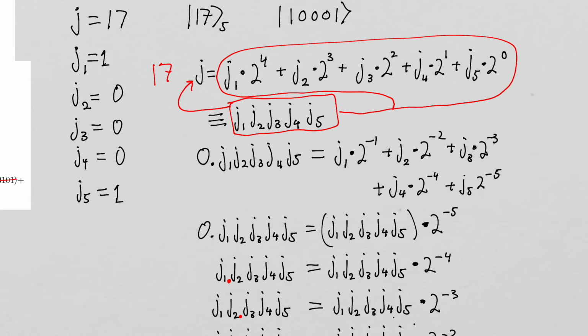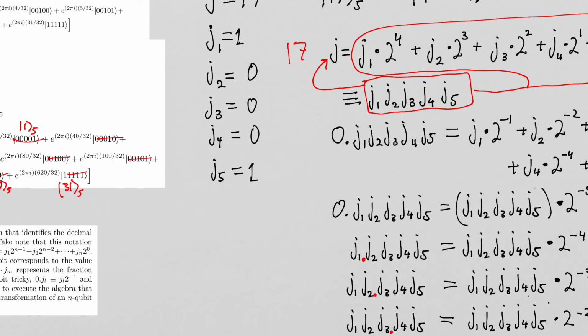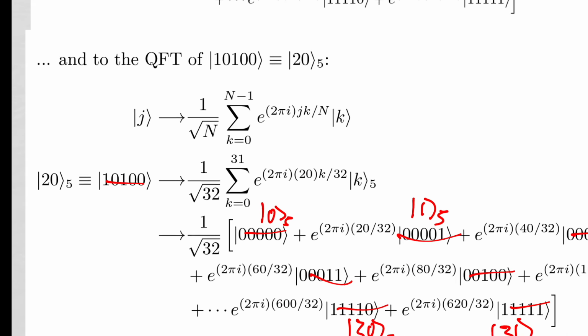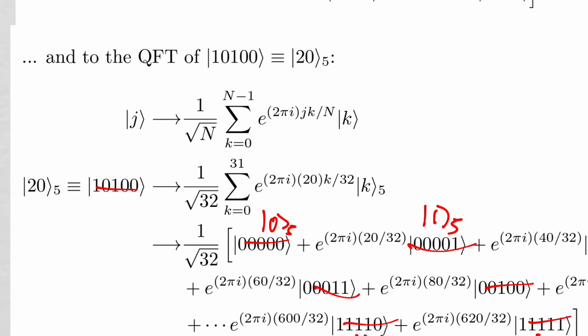All right, so that's going to become important because you can imagine if I went over here, I could just replace this j with j1, j2, j3, j4, j5. I could put that right in there, and nothing changes about our process.